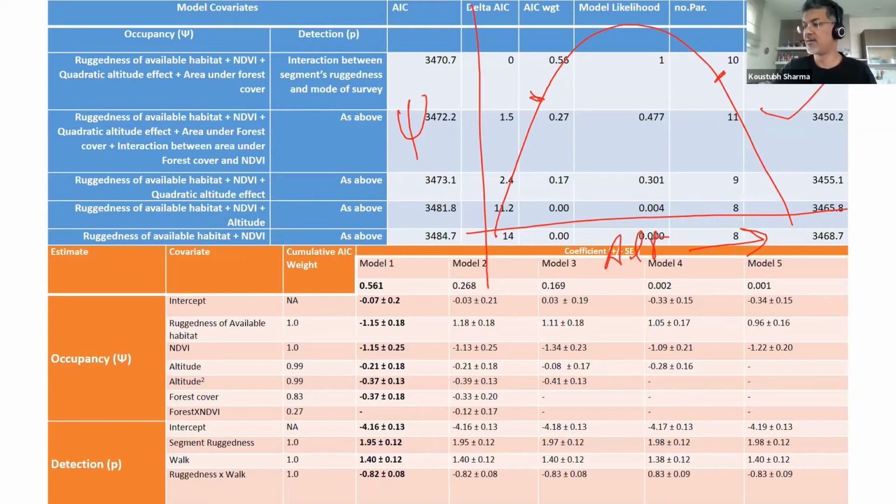And you can see this relationship here is actually coming from these two variables here. So if you remember, we did the exponential equation. You put the value of that exponential equation with these beta values, you will come up with a value of psi, which increases as altitude increases, and then at a certain point, it starts declining. Similarly, forest cover, the more the forest cover was, the less was the probability of a grid being used by snow leopards.